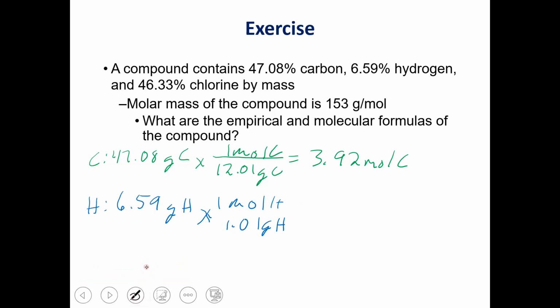So if we divide 6.59 by 1.01, we come out with 6.52 moles of hydrogen.